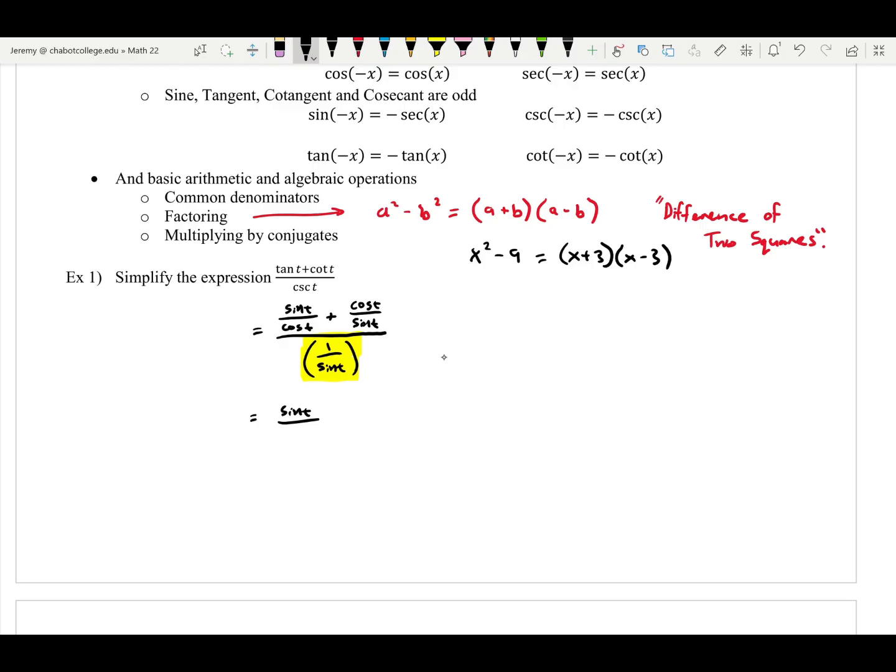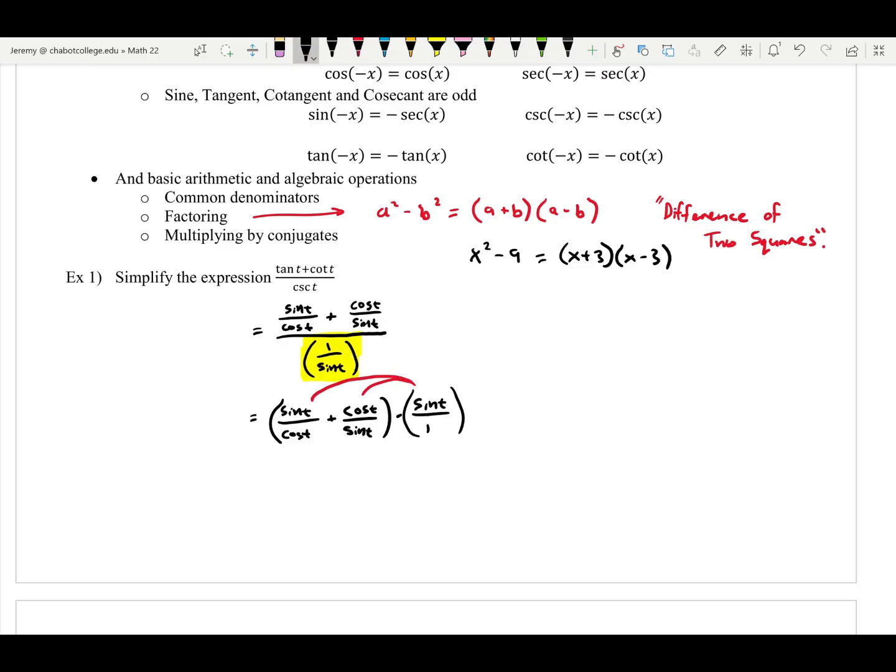Sine of t over cosine of t plus, just copying down what I have in the numerator, cosine of t over sine of t. And I'll multiply by the reciprocal of that denominator, which is going to be sine of t divided by 1, like that. And already this is looking a lot better, right? And I can now distribute this sine of t.